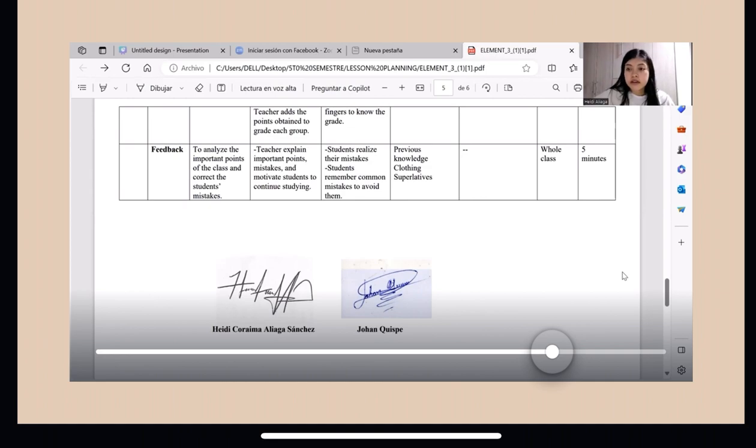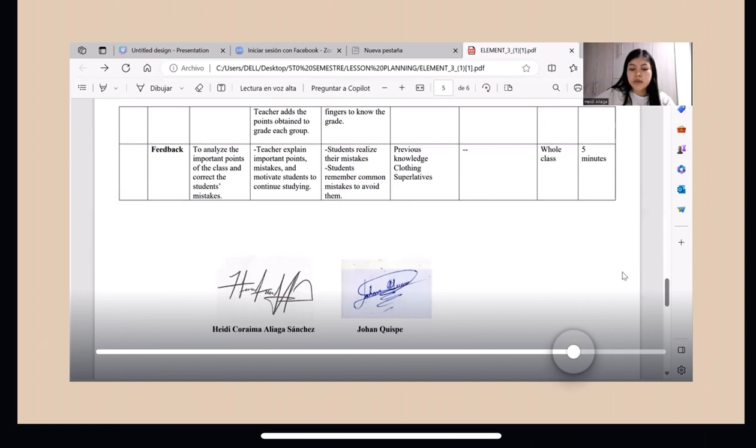Also in the clothing items, probably they don't know what exactly is a piece of garment. So you could give feedback and say, okay, this is a sweater, if you don't know. Yeah, so these are the words that are difficult to work with.